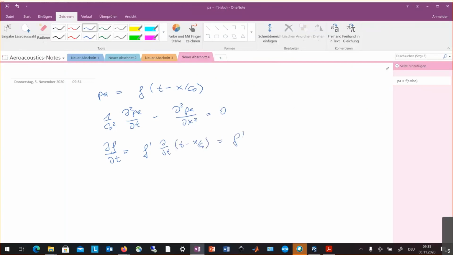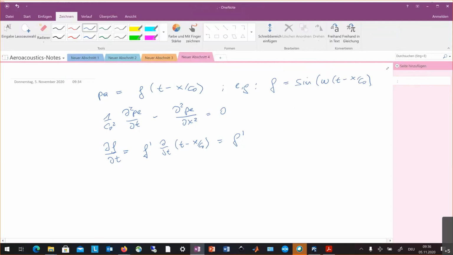To make it simple, the function could be a sine function, sine of, perhaps write it with angular frequency omega, t minus x over c0. Then it's also clear the f prime would be the cosine function, and then the inner derivative.